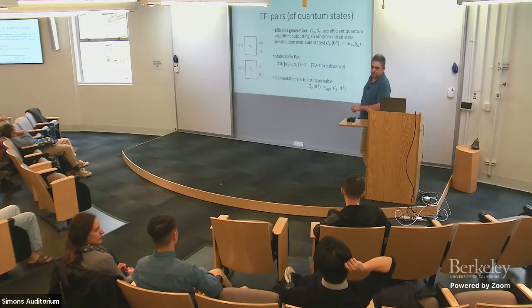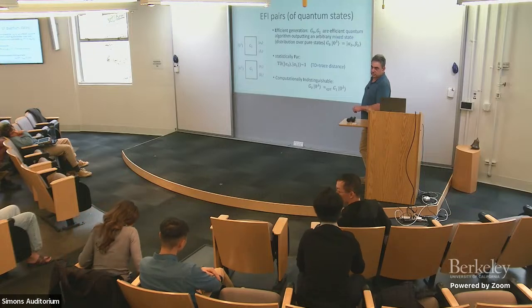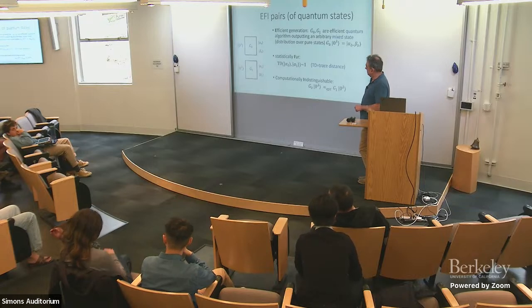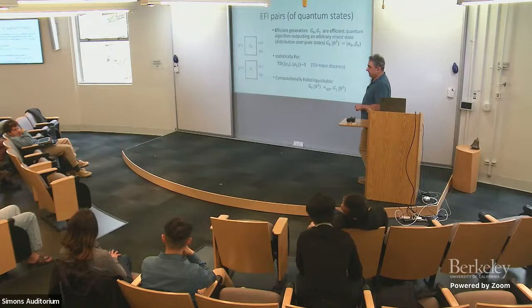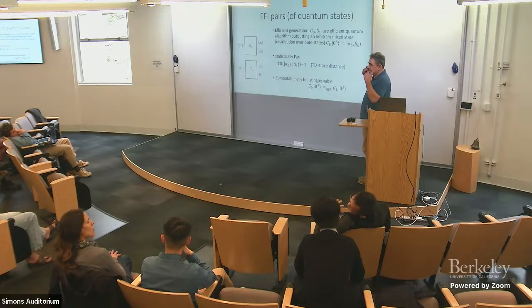Is it equivalent to allow the adversary to do measurements on the state? That's equivalent to having a beta? Sure, but we can always think of what would happen if you didn't measure, the purified version.